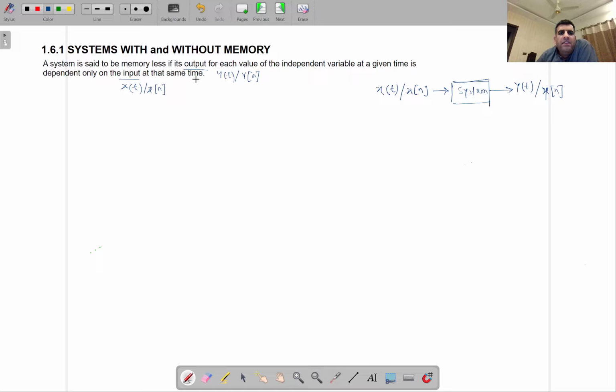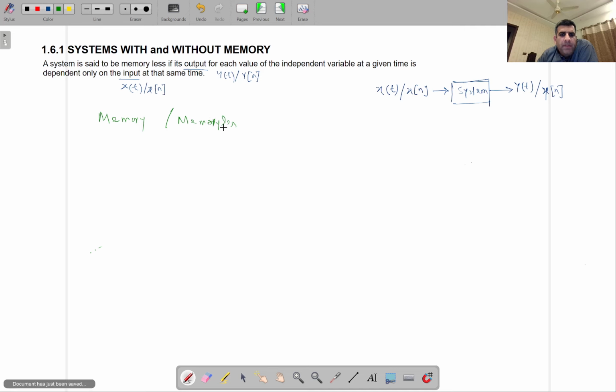To simplify this definition, I could also say that a system is considered to have memory if the output of the system depends on the past or the future values of the input. The two terms I'm going to use are a system with memory and a system without memory, which we are going to call a memoryless system.